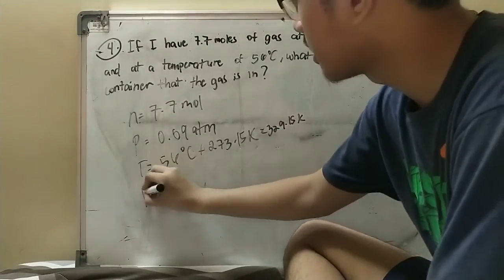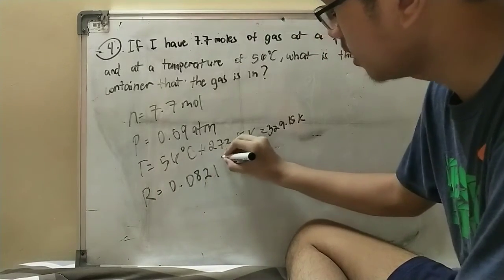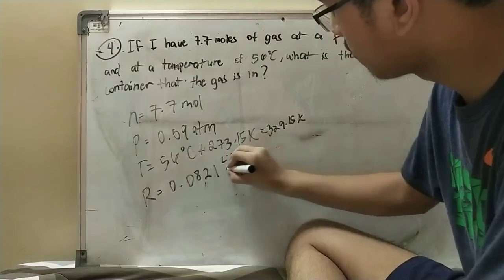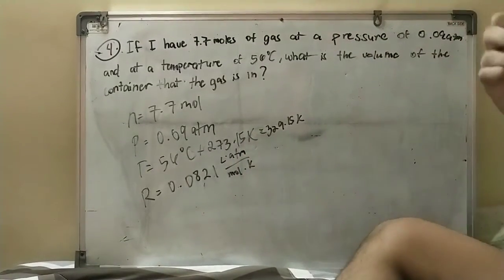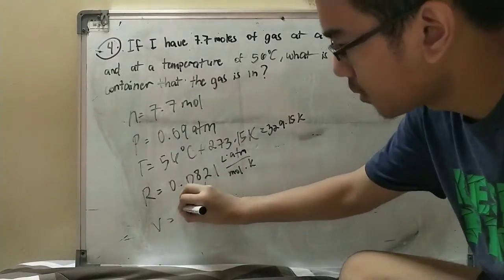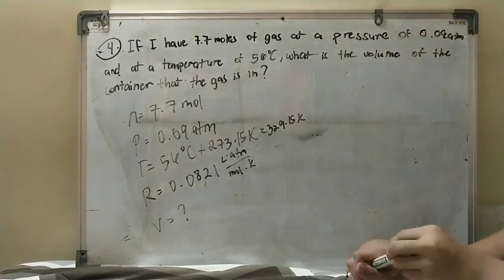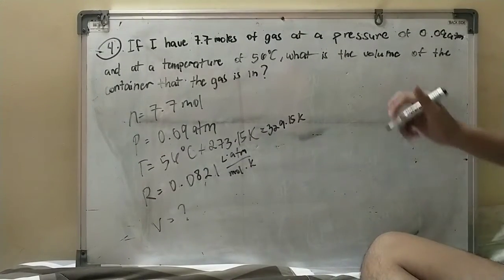Our gas constant being 0.0821 liters times atmosphere over moles times Kelvin. And what are we looking for? That is the volume. So I'm going to put a question mark here because we haven't found the answer yet. Now, let's derive the formula.